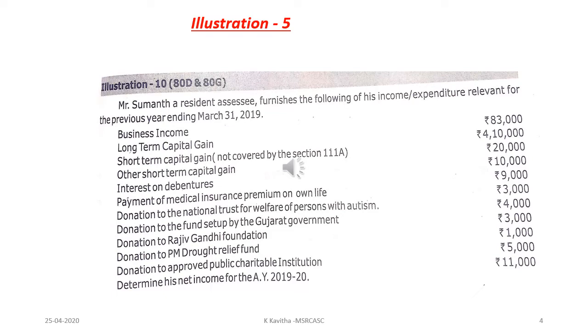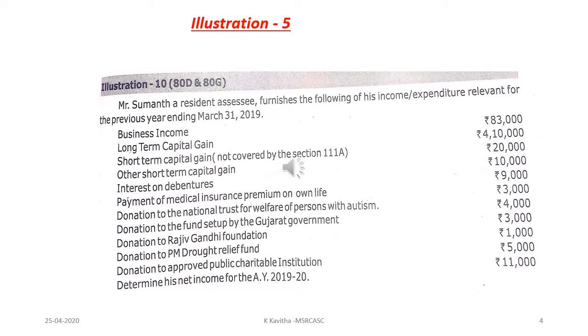No flat rate will be applied. Then he has some interest on debentures, income from other sources. Payment of medical insurance premium on own life will come under 80D deductions. Donations are given; donations come under 80G. So we are going to learn 80G and 80D in this question.